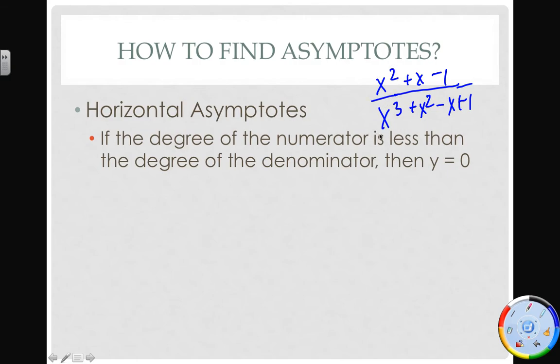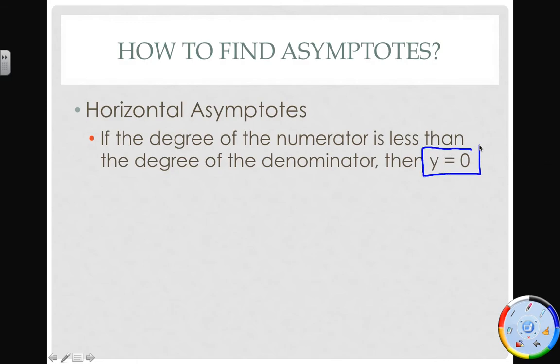The degree of the denominator is 3. So if the degree of the numerator is less than the denominator, then you automatically get a horizontal asymptote of y equals 0.